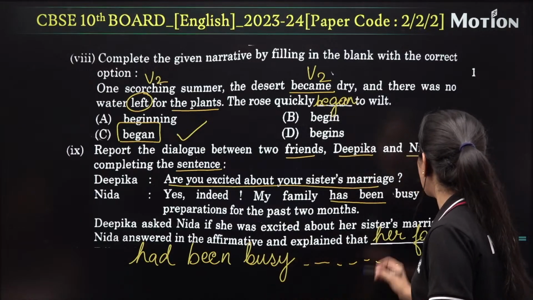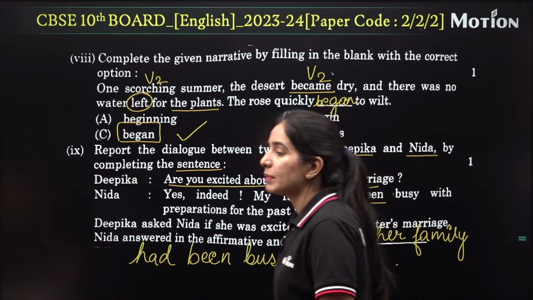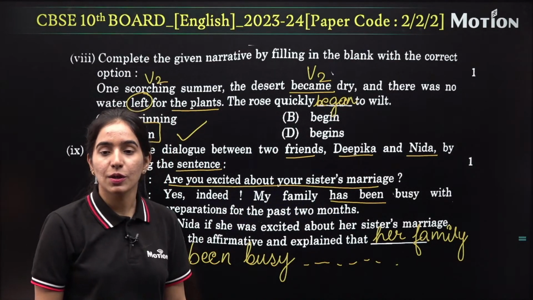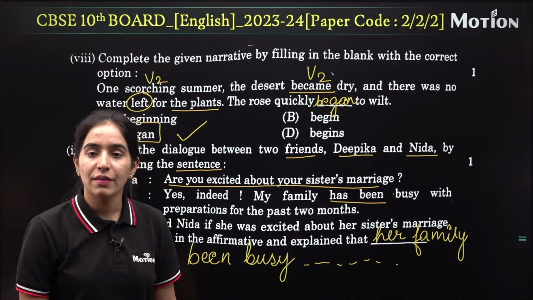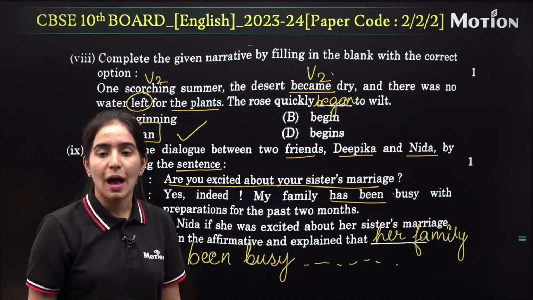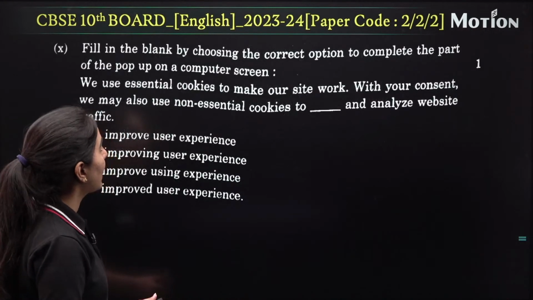Rest remains the same, but yes, the pronoun and the tense will change, that her family had been busy with the preparations for the past 2 months. Okay? Clear everyone? Yes, Dharmesh, I can see you have written the same answer and it is absolutely correct. Okay? Let's move to the next question now.